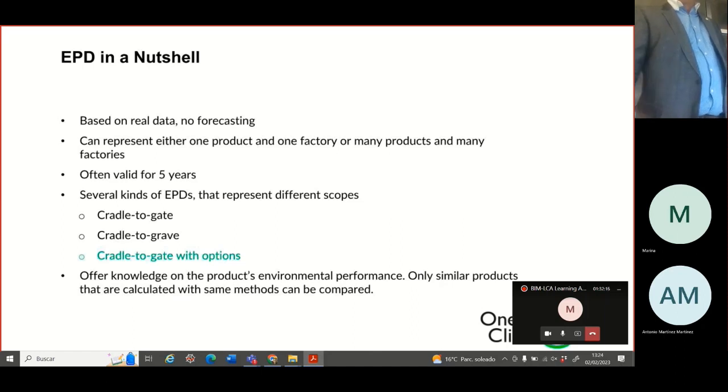So yeah, also for an EPD, as Lars has mentioned, is it cradle to gate, cradle to grave, or cradle to gate with options? To gate is the nicest part because it's what can I do with the product? There are already companies collecting what they are selling.